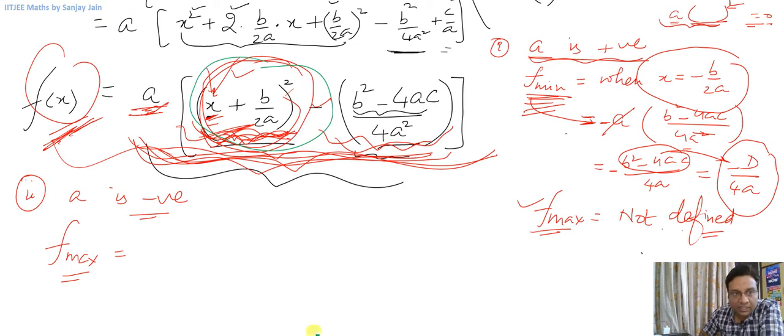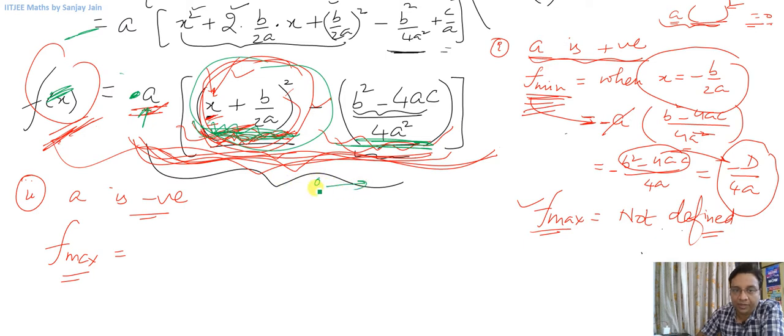Because in this f of x, the only manipulation that we can do is with this expression. This expression is going to remain the same. So when this a is negative, we need the minimum value here for it to be maximum, right? Because this expression here has got minimum value as 0.